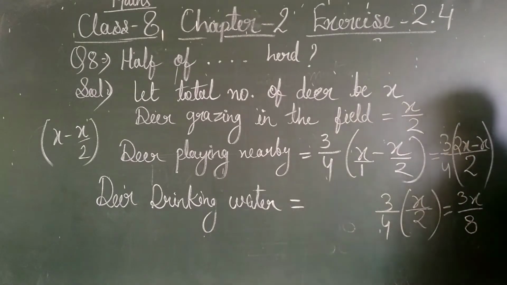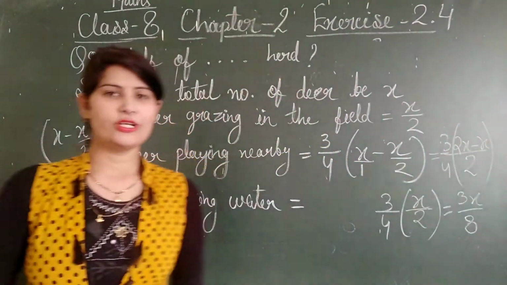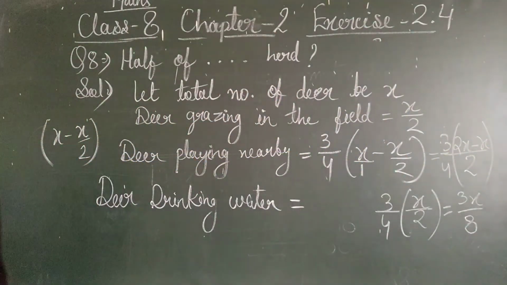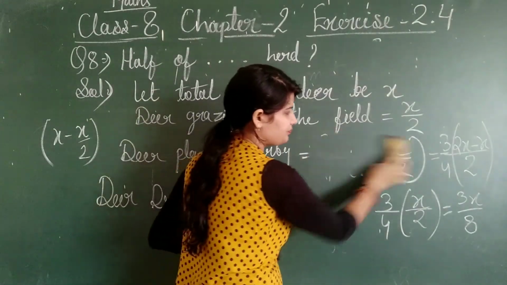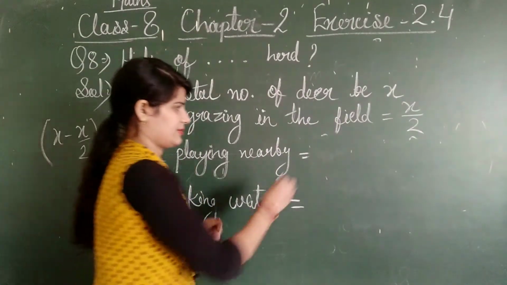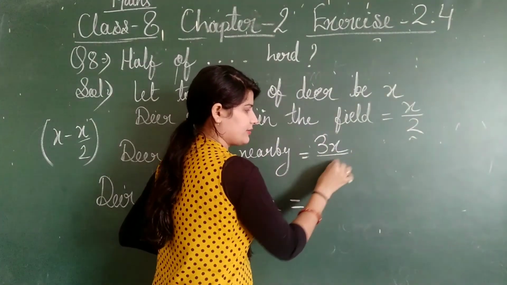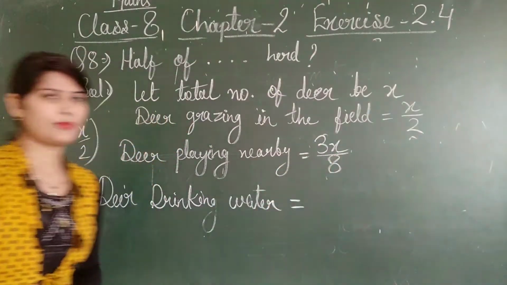Okay. 3x upon 8. What? Deer playing nearby is equal to 3x upon 8. So I am writing here 3x upon 8. I am removing this. Okay. Solve it, and the value is 3x upon 8.